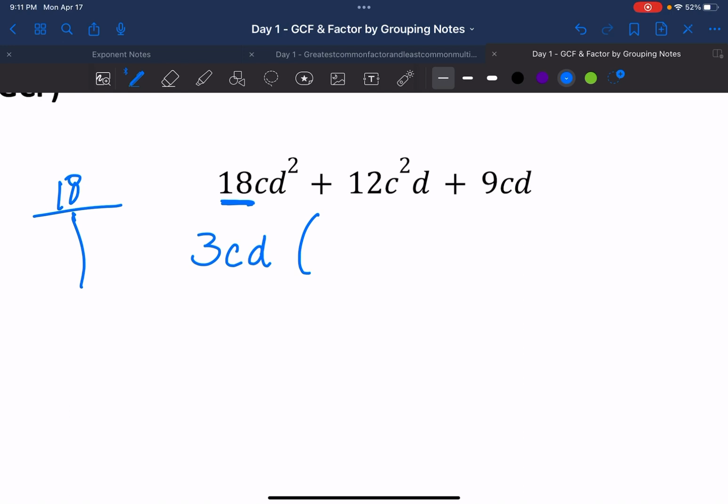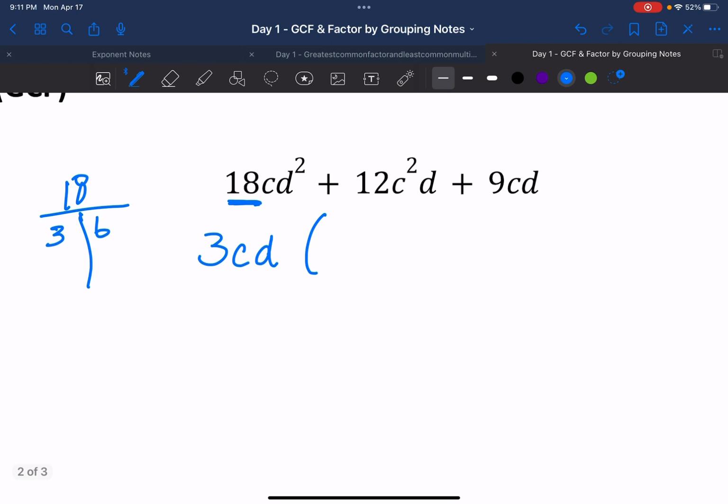Well, what is one of the factors? It's going to be 3 and 6. So that 6 is going to be left over right here. We took the C out, right? C's out. And we took 1 D, but we have a D left over. So you have to keep your leftovers on the inside of your parentheses.